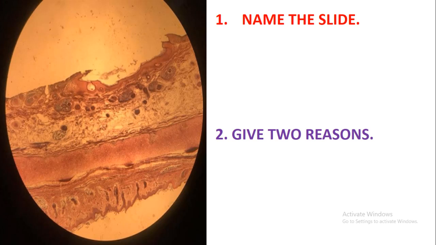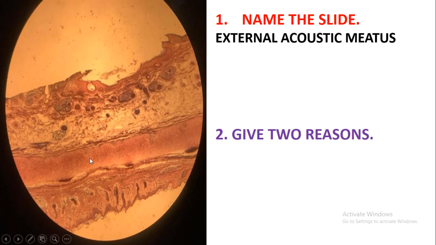Name the slide. This slide is simply the external acoustic meatus. One of the contents that will be asked for is to identify the elastic cartilage, and there are also other contents of the external acoustic meatus.